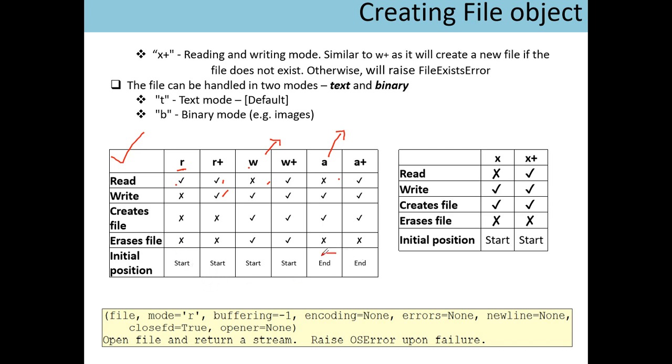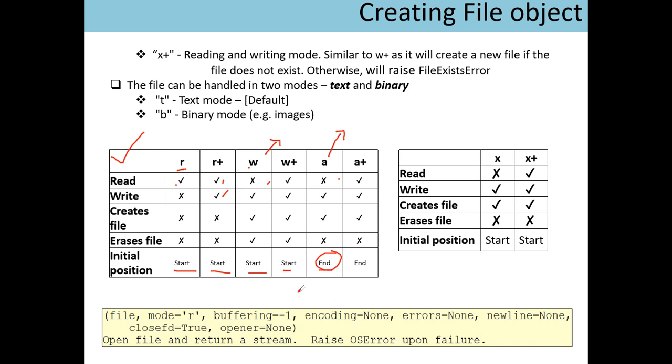Now here one thing you should notice: the initial position. Just after opening a file, from where will the read or write operation begin? For every other mode, the operation will begin from the start of the file, except A. When you open a file in append mode, it will start from the end.